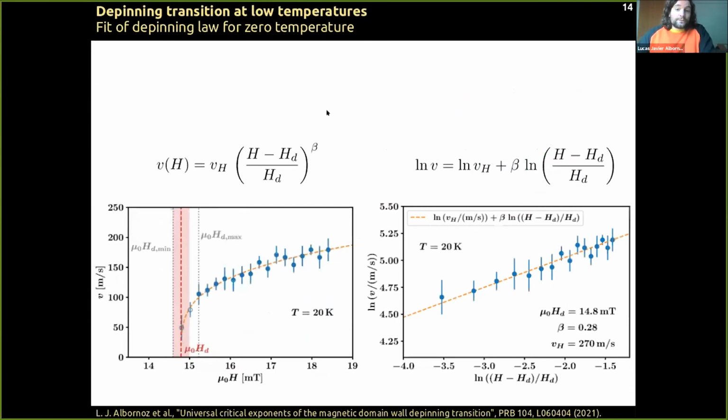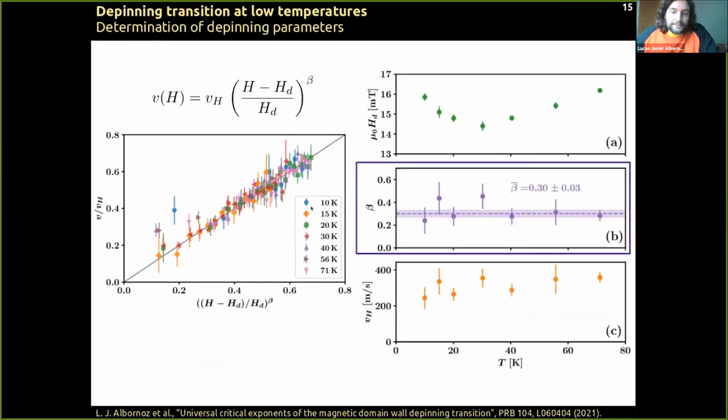So in order to obtain this beta exponent, we perform a fit of the pinning law for zero temperature, which is this one. For different temperatures, we observe that for all these temperatures, this law successfully describes the observed behavior, and we obtain values of the beta exponent for all these temperatures.